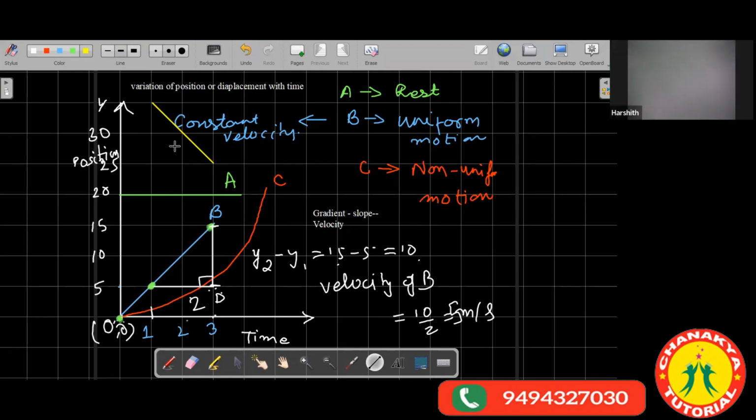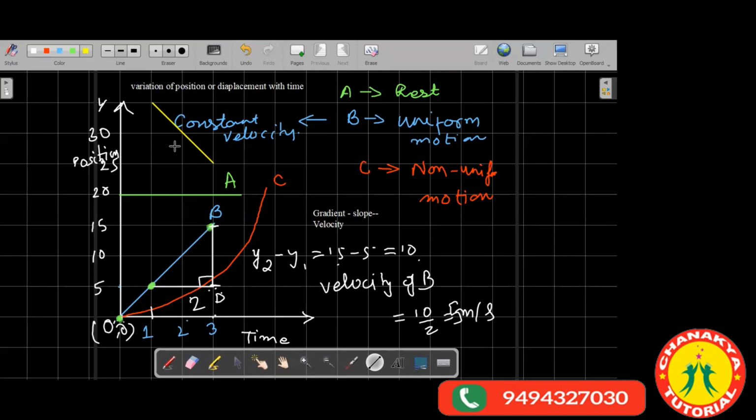A position time graph can't exist in that form. Yeah, a position time graph can exist in this form. The only thing is it shows us negative velocity. It shows our position is decreasing with time. Okay. So it is negative velocity. It's still the constant velocity, but negative.